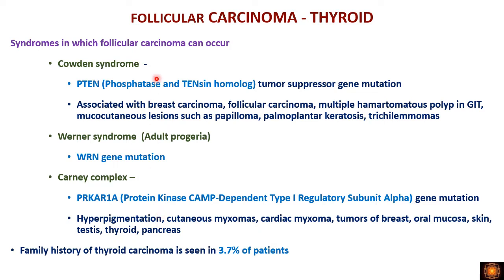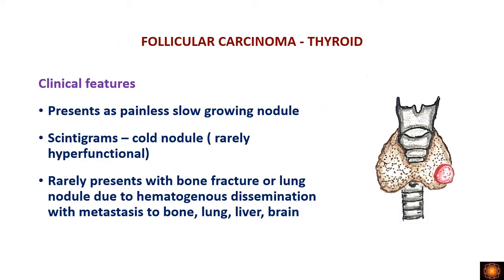So these are the three syndromes in which follicular carcinomas can arise. So we have four genetic alterations which were associated, and three syndromes associated with follicular carcinomas. And 3.7% of the patients will have a family history of thyroid carcinomas.